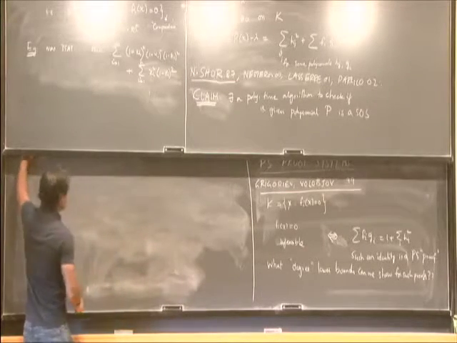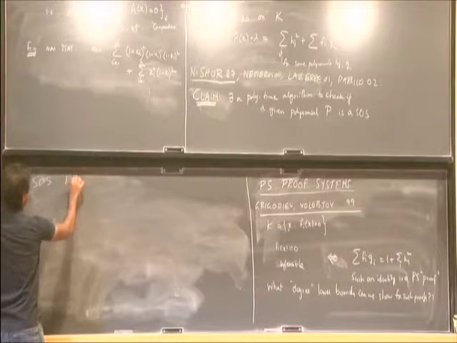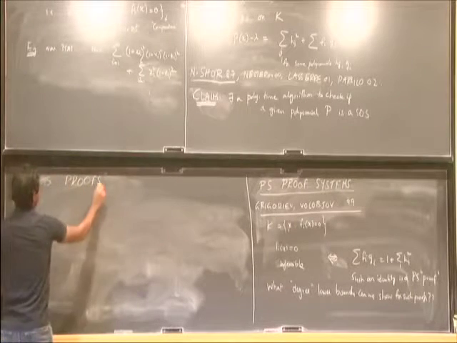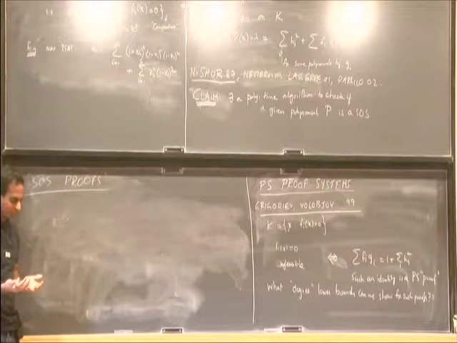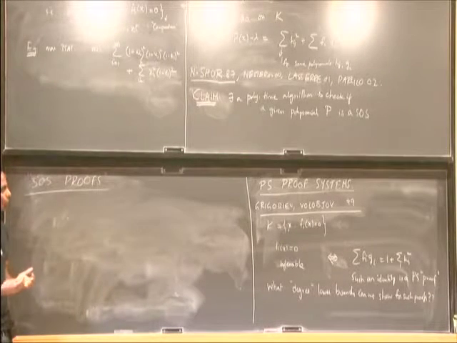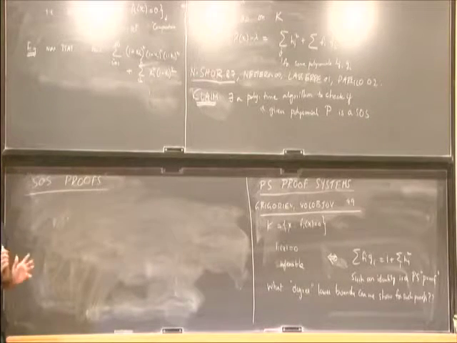Okay. So I want to look at SOS proofs. What do I mean by this? You have some identity that we use all the time, but now I want a proof which looks like that, where you express it as a sum of squares. So let's do an example.